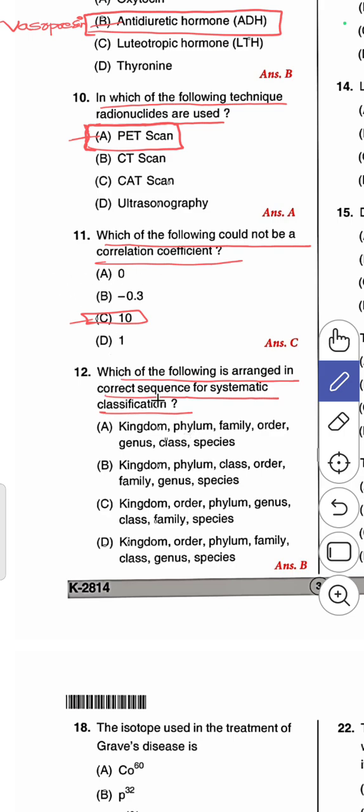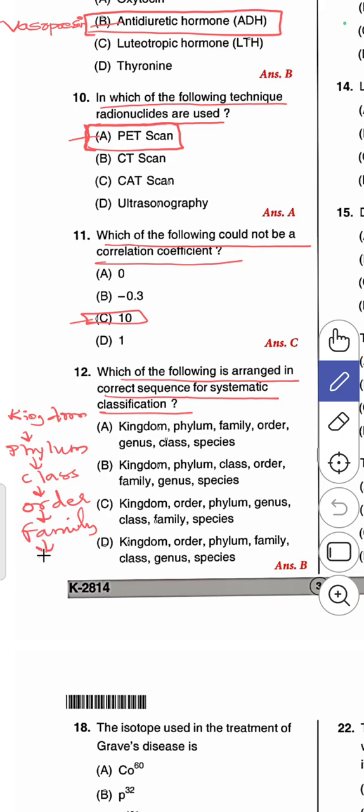Arranged in the correct sequence, we begin from kingdom, then phylum, then class, order, family, genus, and the last one, that is species.